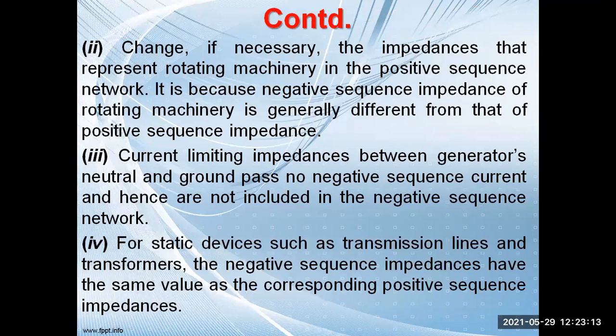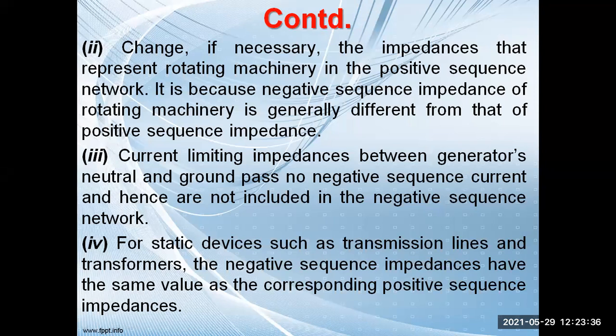Now change, if necessary, the impedances that represent rotating machinery in the positive sequence network, because the negative sequence impedance of rotating machinery is generally different from the positive sequence impedance. So for rotating machines, the negative sequence impedance will generally differ from the positive sequence impedance. It will not be the same.